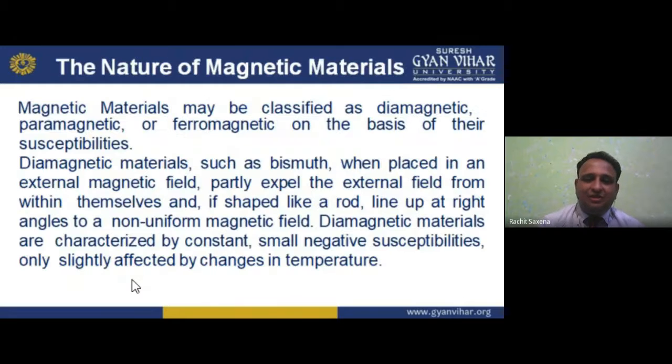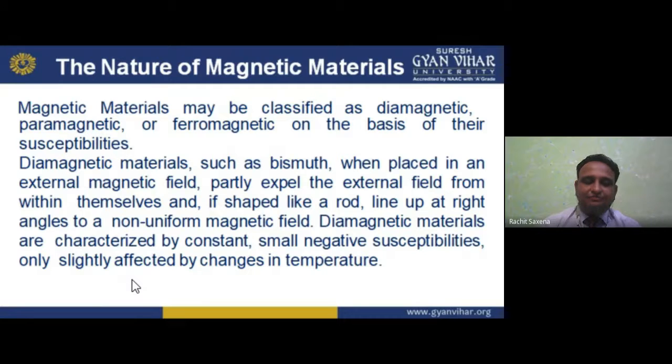Now a little bit about the nature of magnetic materials. Previously we talked about magnetic force and torque on a closed path, that is the motor mode. In the third unit, we are starting unit number 3, where you will find how it works.